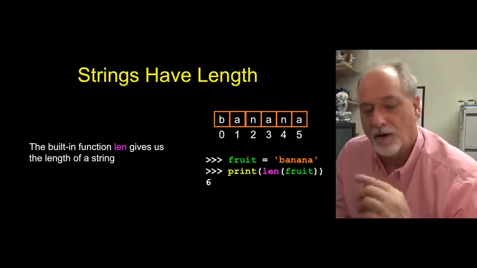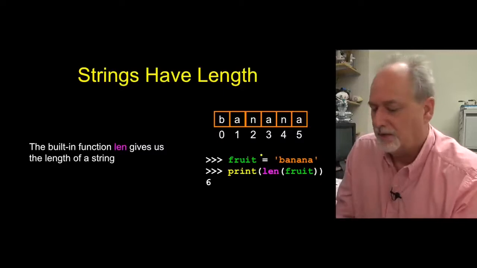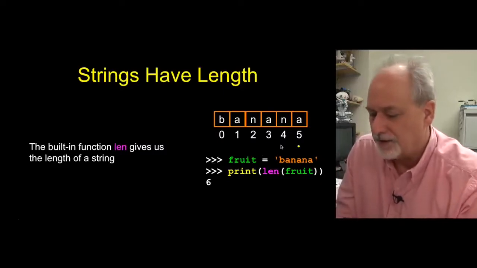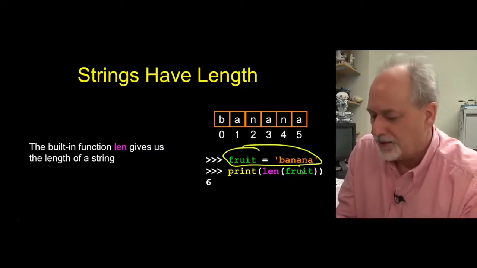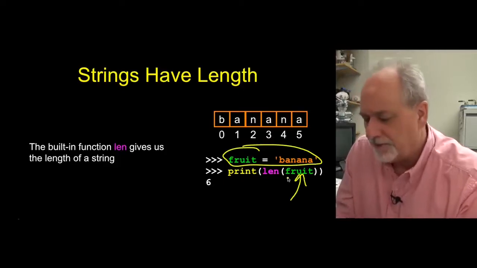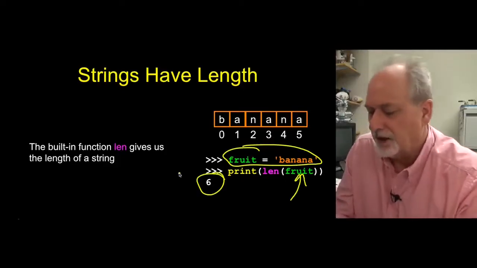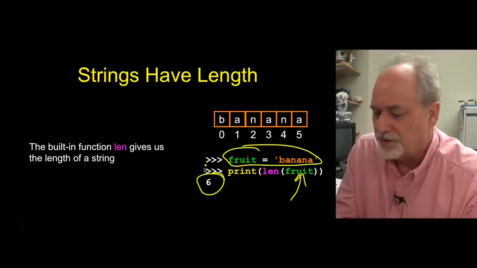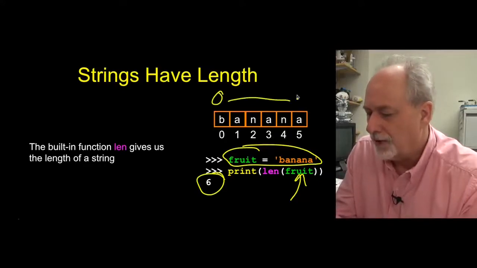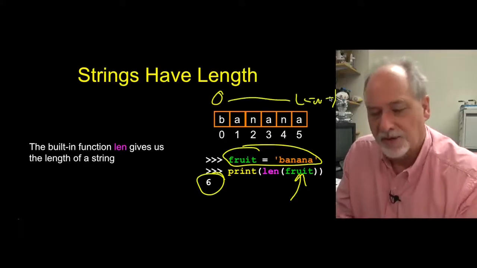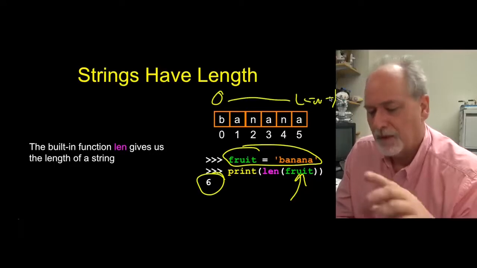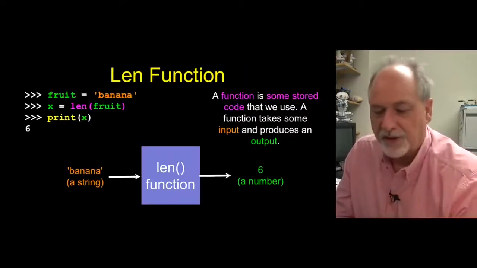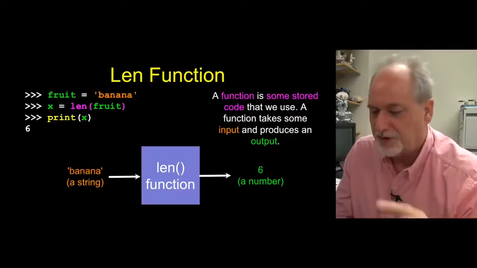We can ask how long a string is, and so we use the len function. We pass the string variable into len as a parameter, and len gives us back the length of the string, not the position. So it's 0 through length minus 1. Length is just another function; we've been doing functions now for a while.